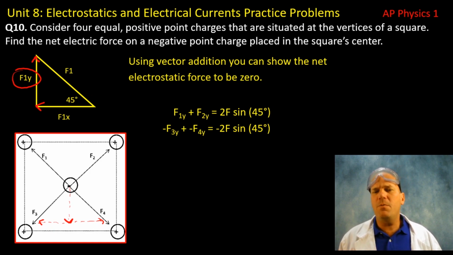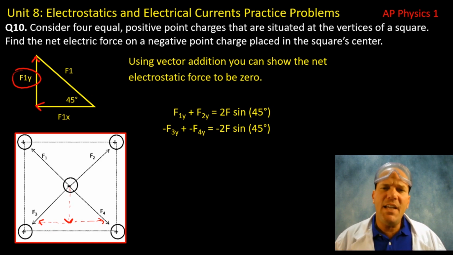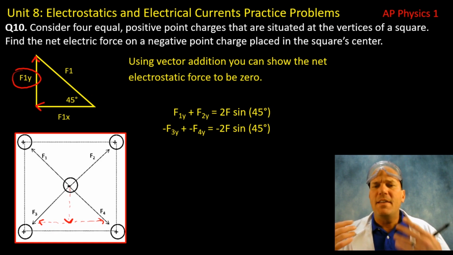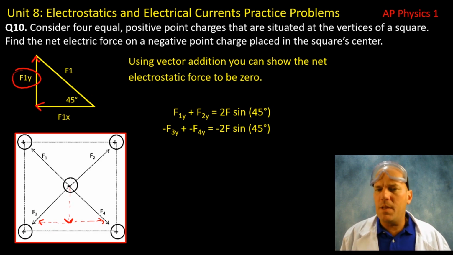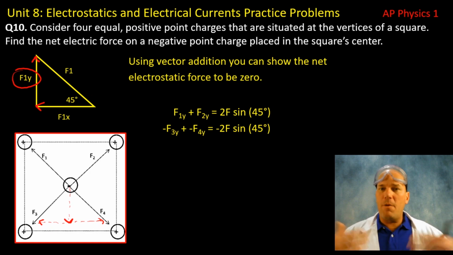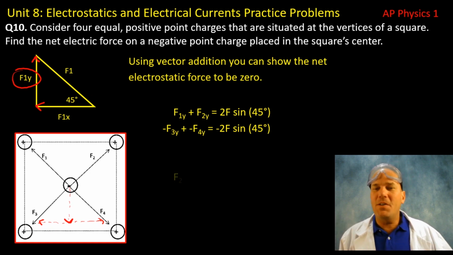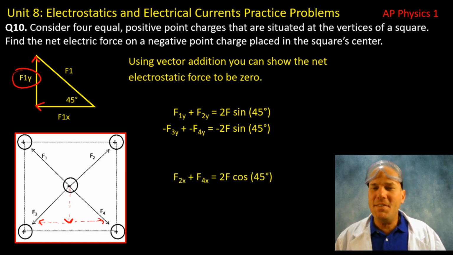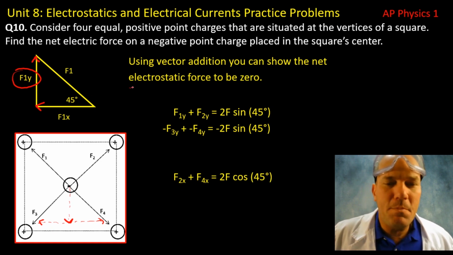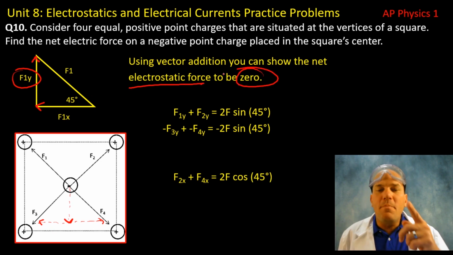Those are negatives. So we end up with a negative 2F sine 45 degrees. So the magnitude is the same, and the directions are opposite. So that means that the forces will completely cancel out and be 0.